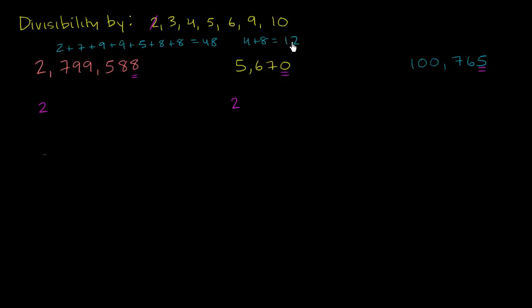And if you're not even sure there, you could add those two digits up. 1 plus 2 is equal to 3. And so this is divisible by 3. This one right over here, let's add up the digits. We can do this one in our head pretty easily. 5 plus 6 is 11. 11 plus 7 is 18. 18 plus 0 is 18. And if you add the 1 plus 8 on the 18, you get 9.